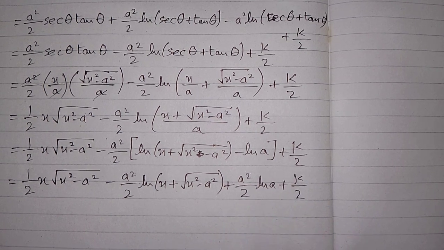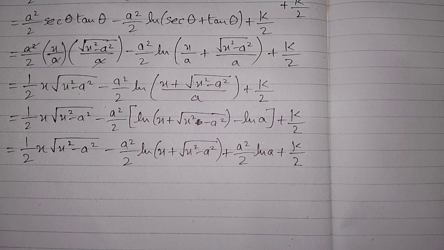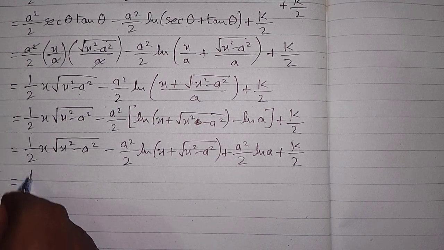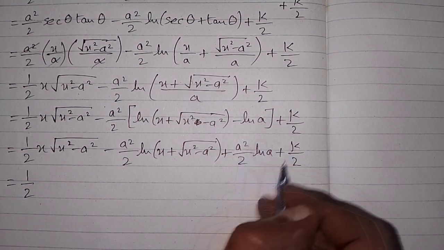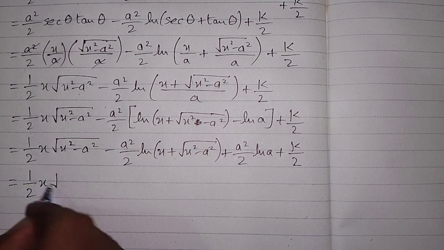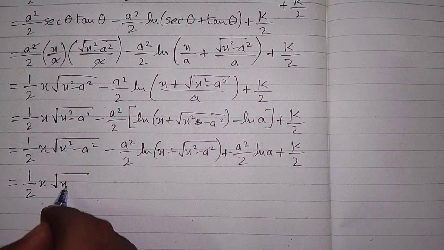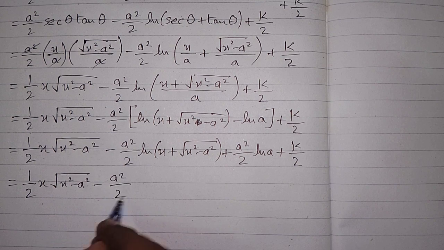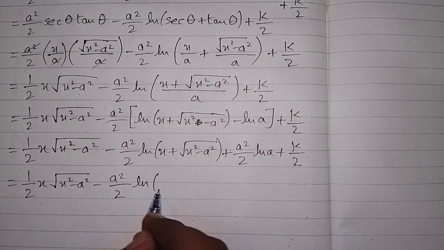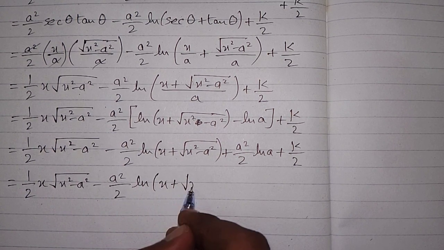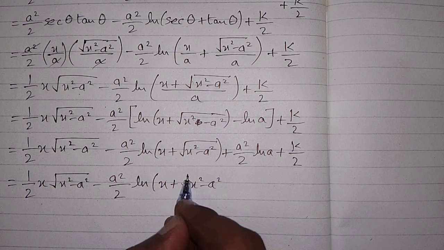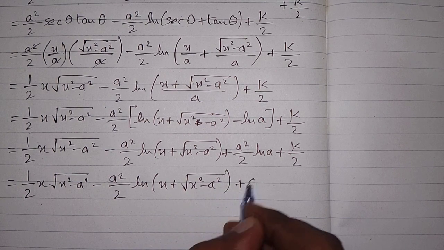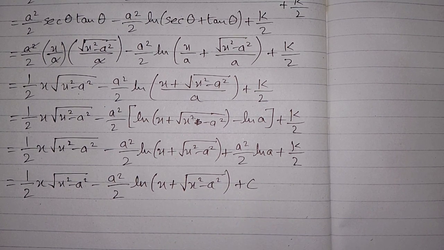Now this whole thing is a constant, so we can write c in place of this constant. So the final answer is half x square root of x square minus a square minus a square upon 2 ln of x plus square root of x square minus a square plus c, where c is the constant of integration.